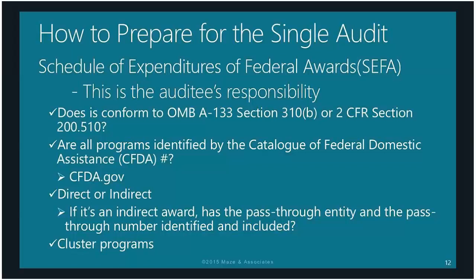So this program is actually part of a cluster called the Highway Planning and Construction Cluster. What this cluster includes with CFDA 20.205 is 20.219, the Recreational Trails Program, and CFDA number 23.003, the Appalachian Development Highway.